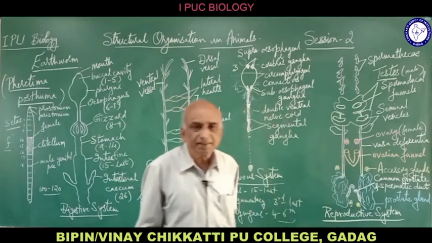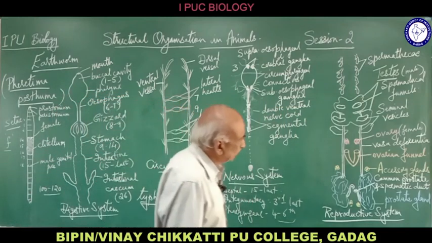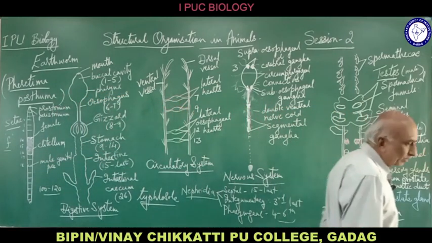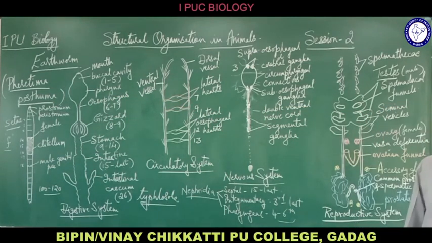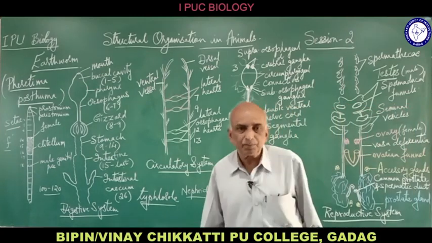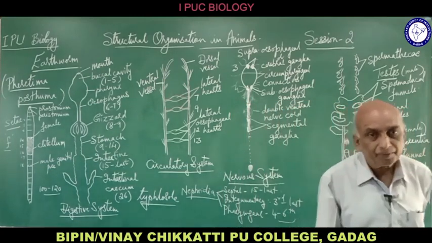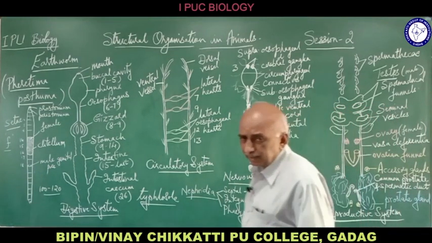So both are present in the same animal. Such animals are called hermaphrodites, or generally we can also call them bisexual animals, but usually the word bisexual is used for plants, like a bisexual flower. So in the hermaphrodite earthworm there is the testis and the ovary.